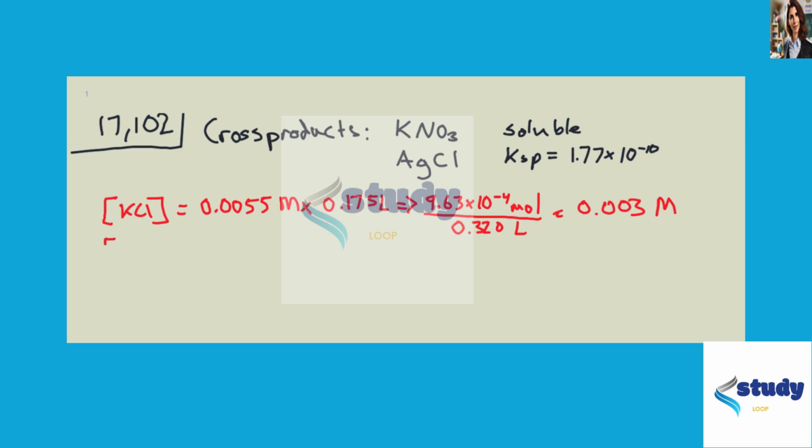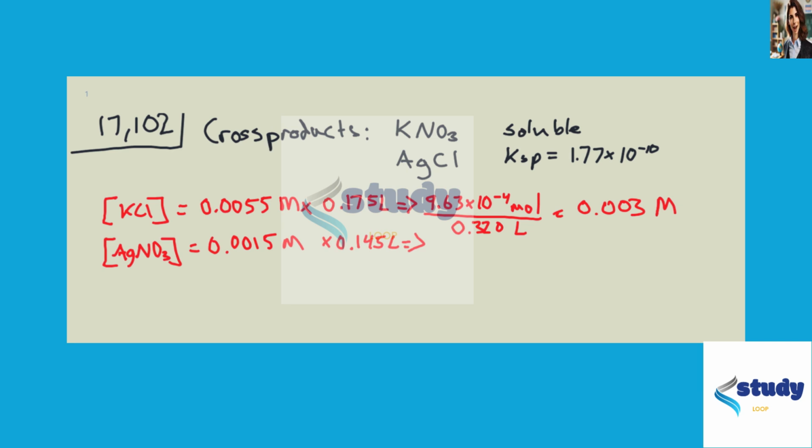And then for silver nitrate, we do the same thing. Concentration of silver nitrate is 0.0015 times 0.145 liters. Let's change color for clarity here.